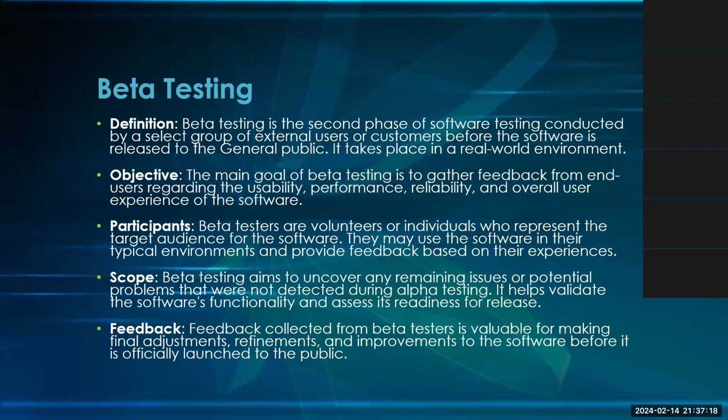Developers address reported issues, and they also make improvements and release updated versions of the software for further testing. So it has to go on until it reaches a satisfactory level of quality and readiness for release.